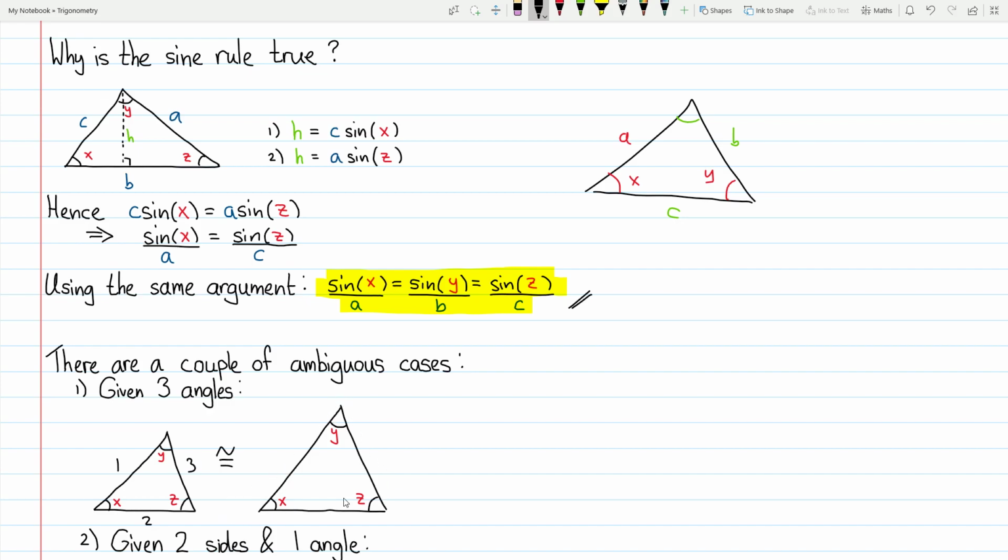If we have another triangle which has the same angles, we know that this is going to be some scale factor of this first one. So if we multiply each side length by some scale factor k, so if you are given the three angles, you won't be able to figure out what that triangle is, but you will be able to figure out what it is up to a scale factor, up to similarity.